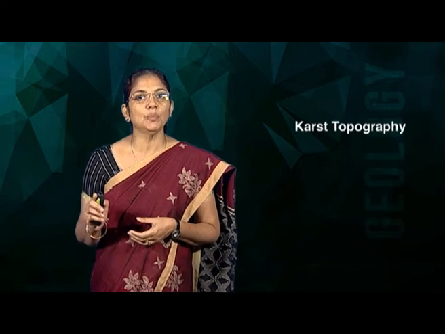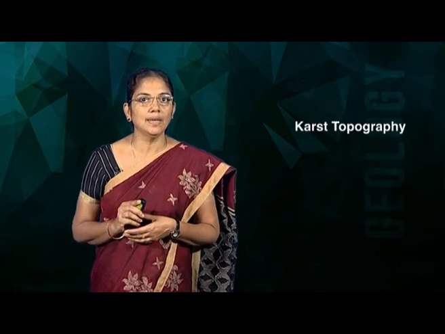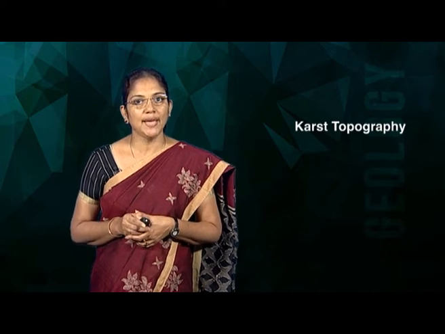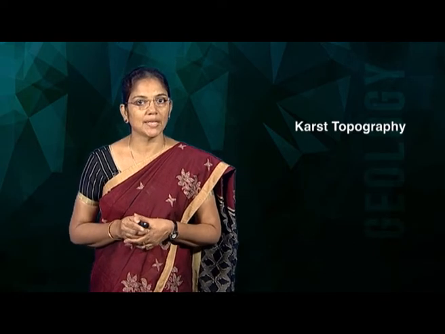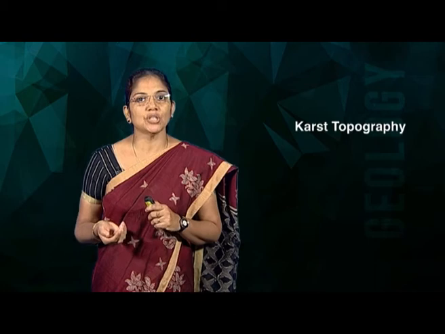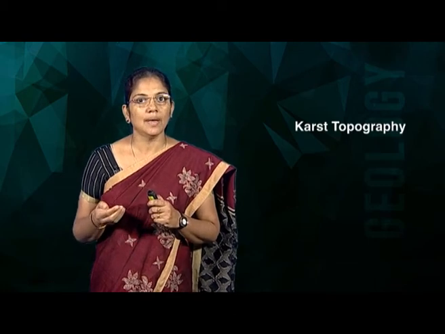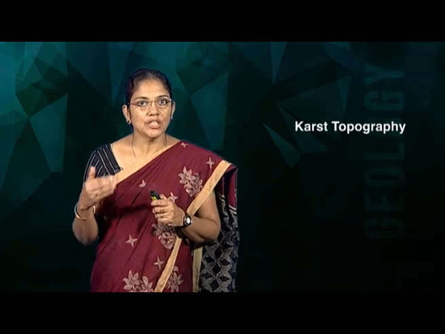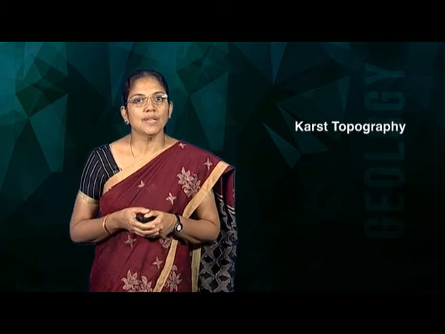Next is karst topography. Karst topography is a particular type of topography produced mainly by the solvent action. In an area where the main type of weathering is dissolution, the formation of caves and sinkholes and collapse may result in a highly irregular topography known as karst topography. Due to the continuous action of groundwater and by the solvent action, the entire topography changes into a particular type of topography known as karst topography.